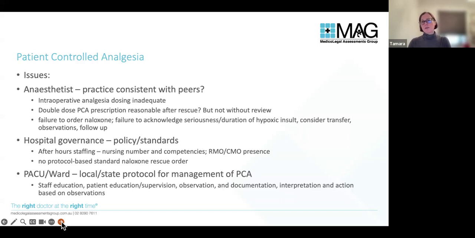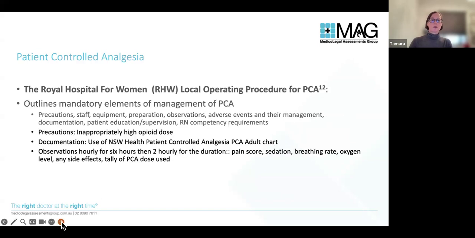But in terms of that, then the competencies of the nursing staff on the ward to manage an obstructed airway, to administer naloxone, and to have standing orders as a protocol in that hospital that naloxone must be ordered when a PCA is used there, failures there. And again, I guess the competency of that particular staff, not a personal criticism, but if they've been put in a situation where they're not able to manage, that's not reasonable. The patient's education was totally inadequate, and the supervision of her was inadequate, as we'll see looking at a standard.